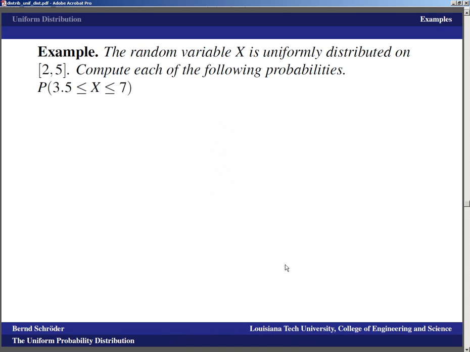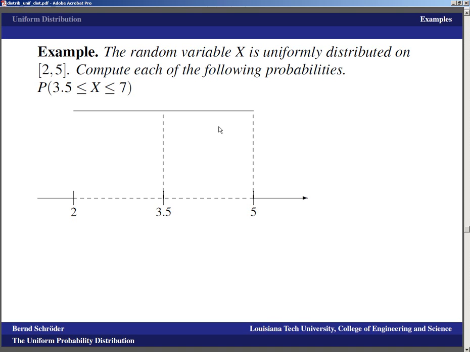If we're looking at the probability that x is between 3.5 and 7, well, then we have to be a bit careful because 3.5 is here, and 7 is somewhere over here where the probability density already assigns 0 probability.